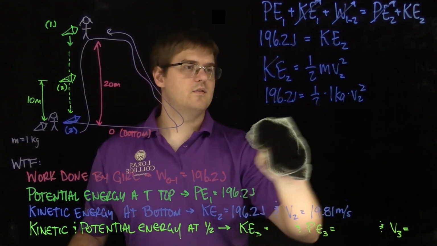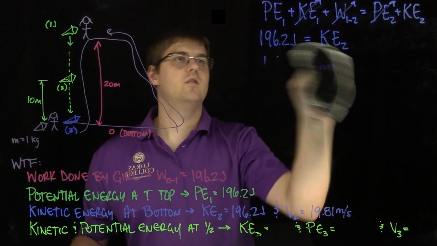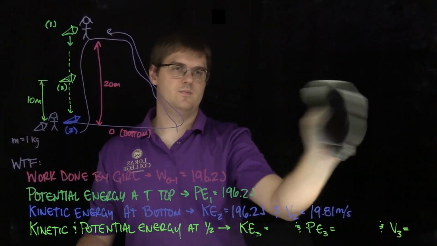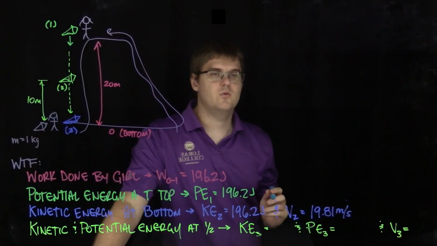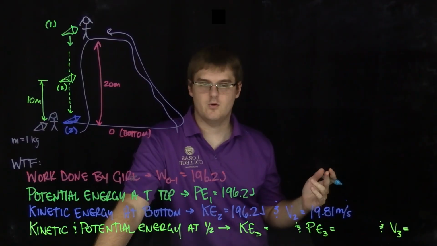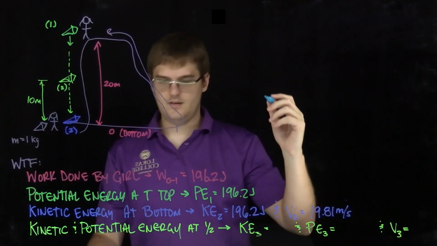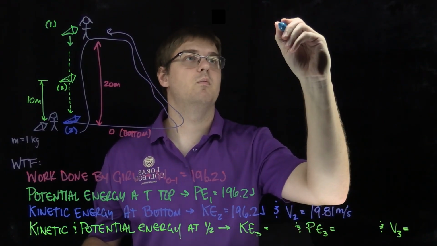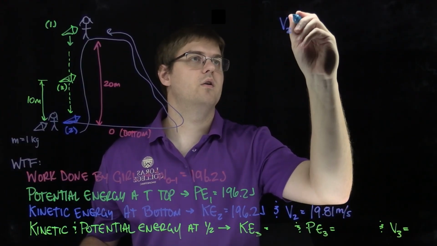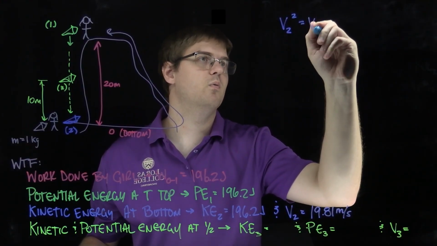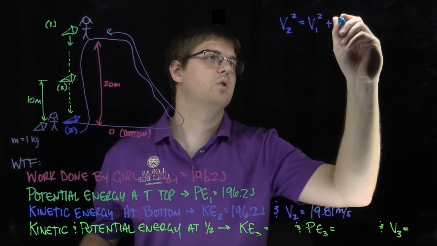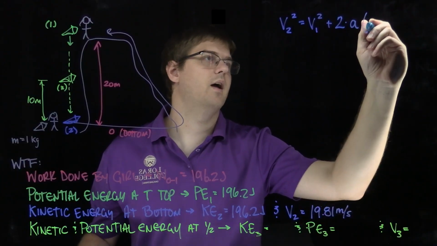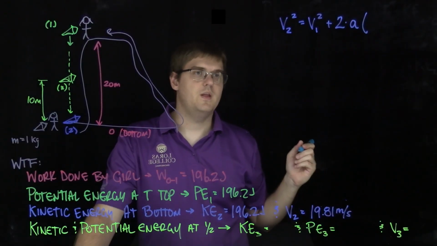Okay, let's stay on this one for a second because we had another way of finding that out. And that is going back to exam 1, we have our kinematic equations. So the one that is easiest to work with here is going to be my least favorite of them, but V2 squared is going to be equal to V1 squared plus 2 times acceleration times, well, normally this would be x or y.